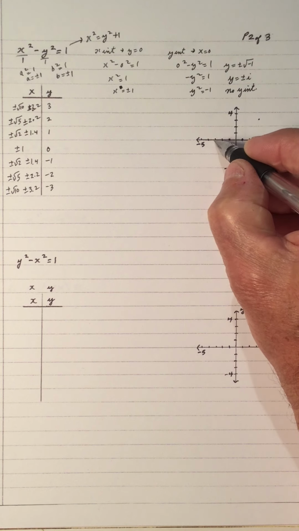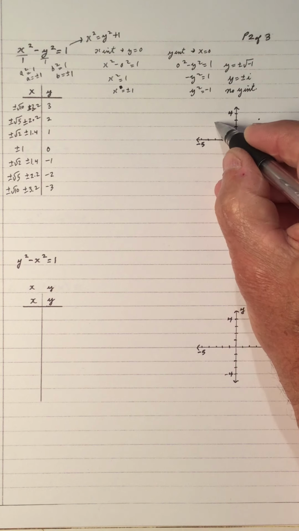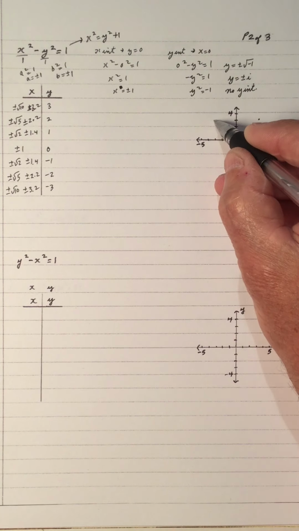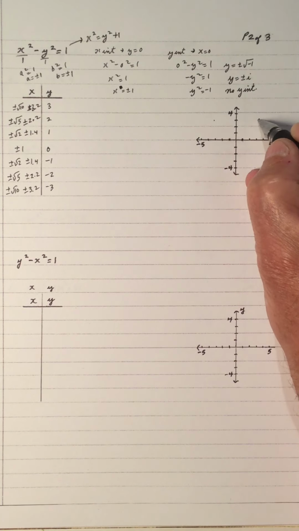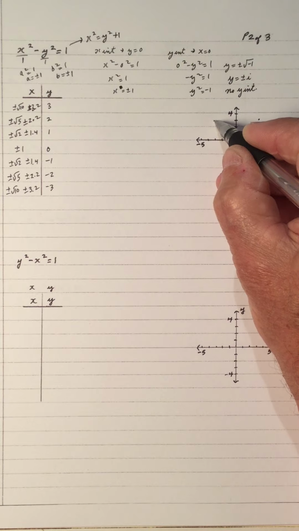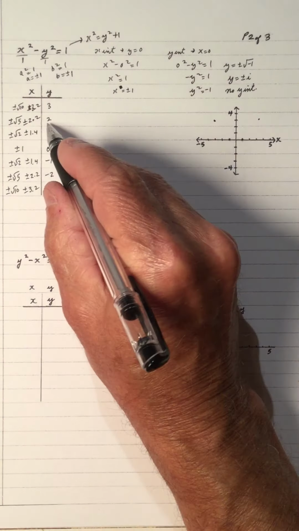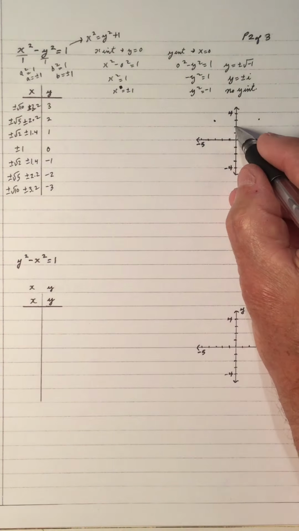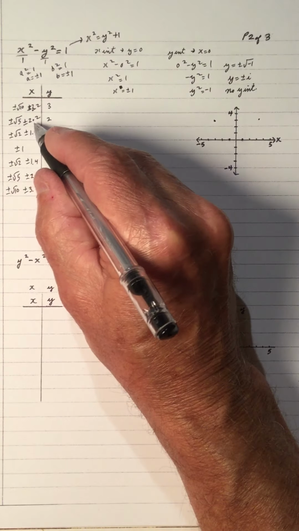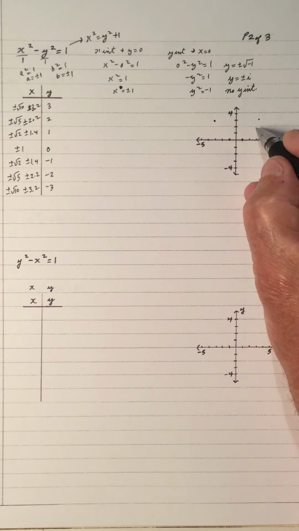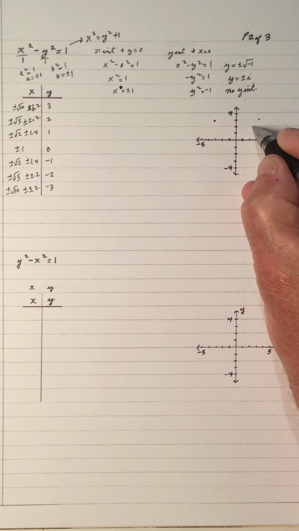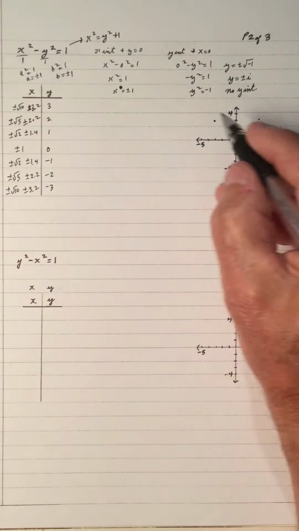So it's roughly about right there, just right across from this one, same distance. Y is 2 here. X is 2.2. Y is 2. X is 2.2, let's say it's right there. And negative 2.2.